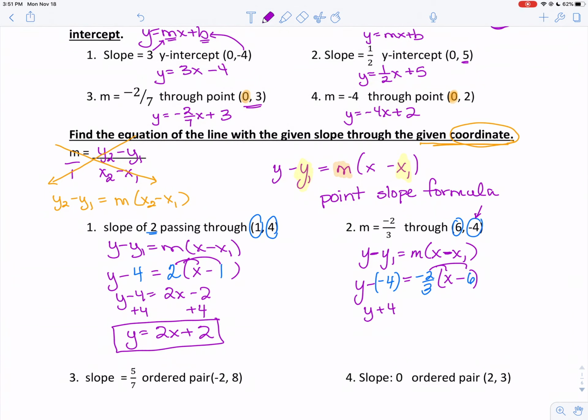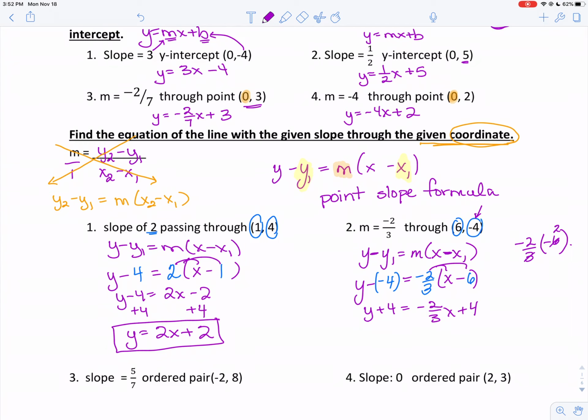So I got y plus 4 is minus 2/3 x, and then I've got this minus 2/3 times minus 6. Now, you can go ahead and figure that out. I'm going to go ahead and cancel and get a positive 4. Or you could have said 18/3, and then, excuse me, 12/3, and then get a 4 that way.